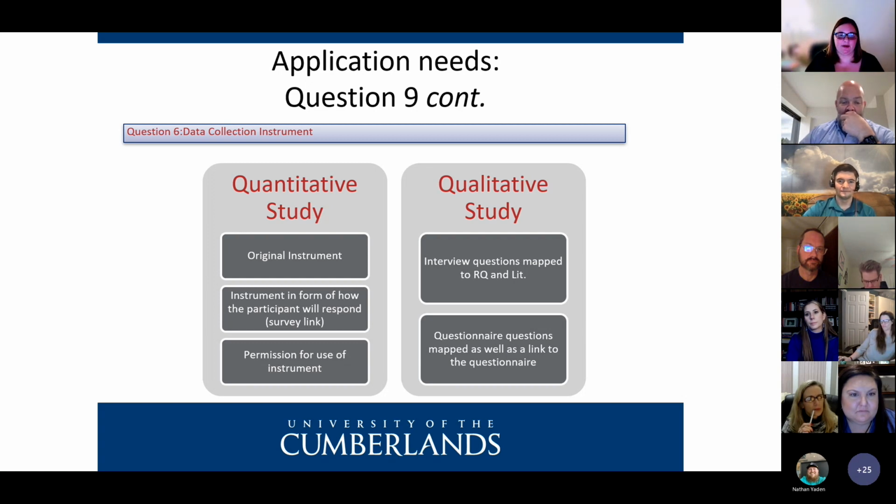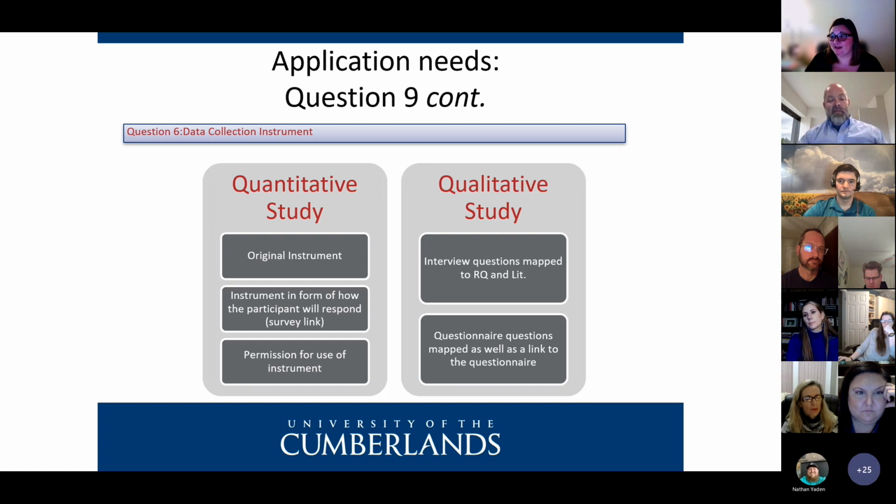I already know that you guys are mapping your RQs and literature, so I don't have to worry about that. But I do need to see the interview questions, especially if you're looking at something that's more behavioral or psychologically connected to potential ethical concerns. I really need to see your interview questions and what you're asking, just to make sure that we're gauging that correctly.